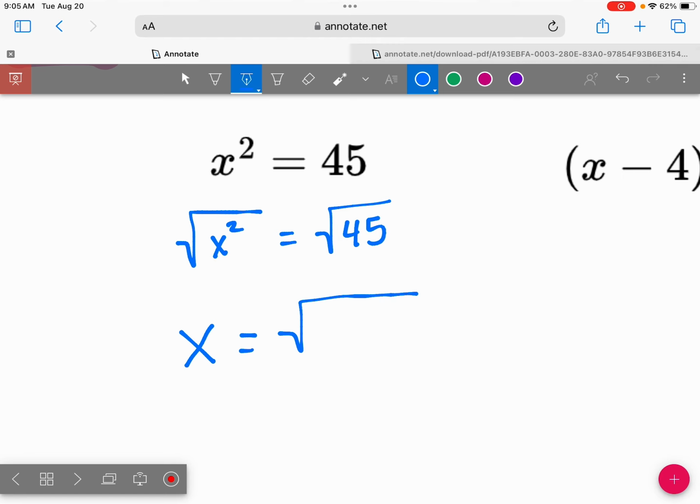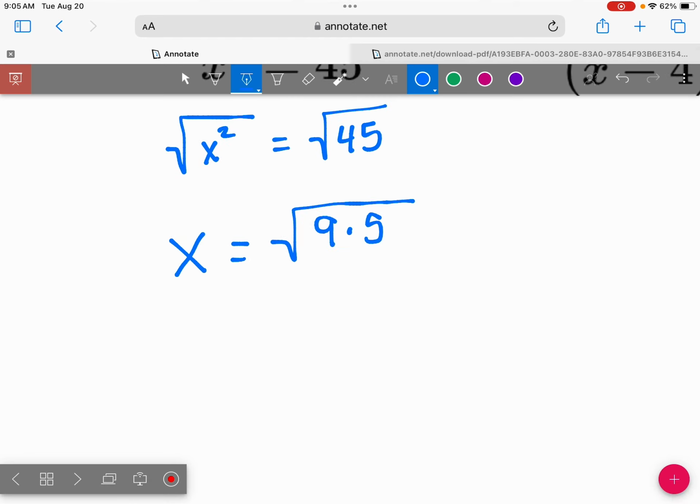So are there any perfect squares that are factors of 45? 9 and 5. So I can rewrite 45 as 9 times 5, right? Valid. Well, if we remember our radical laws, I can separate these out to be square root of 9 times the square root of 5.